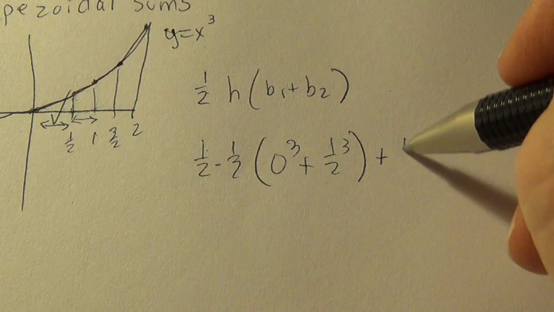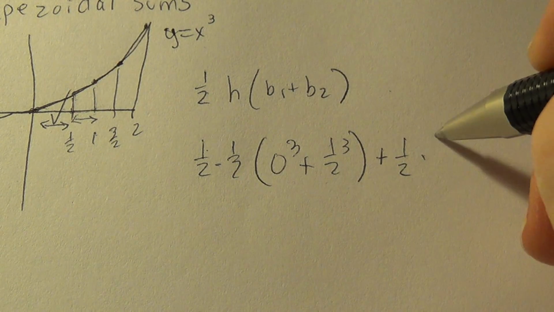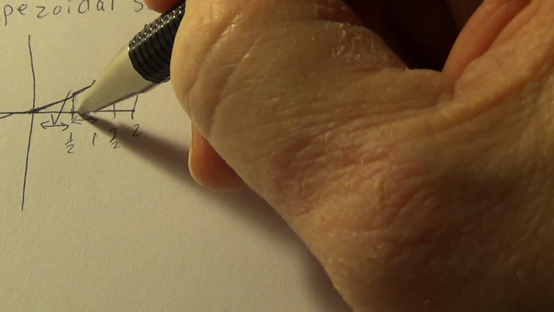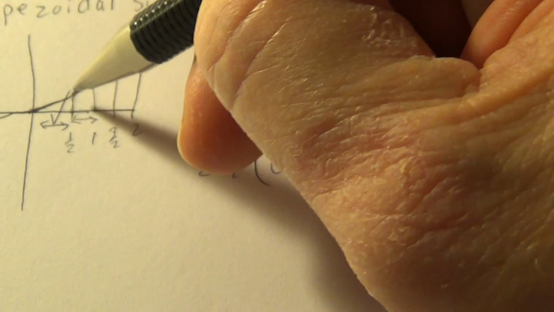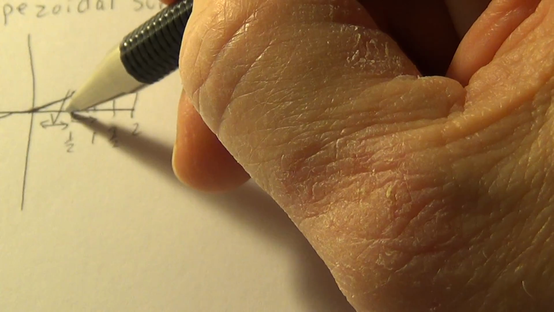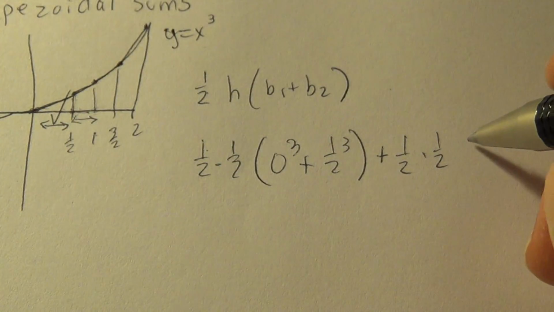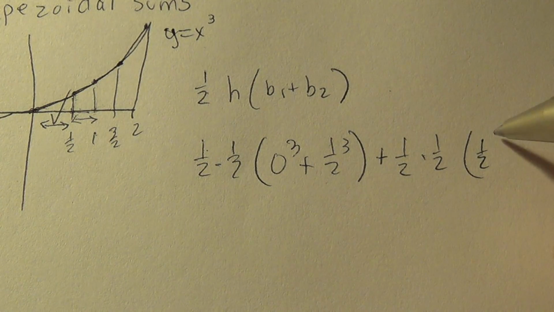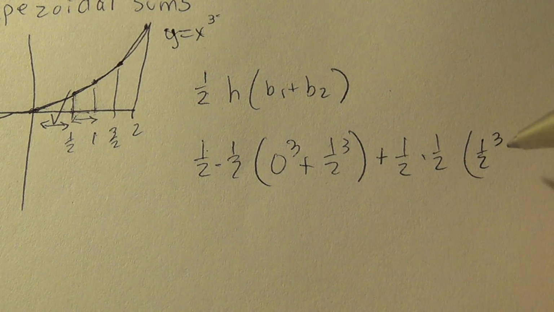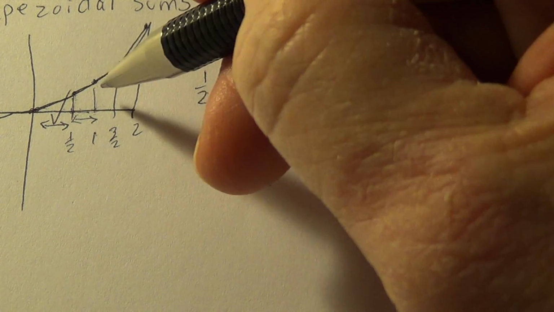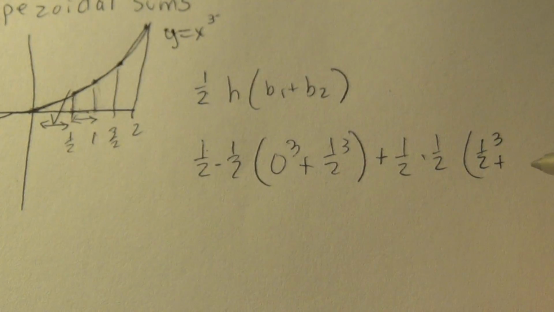So we have 1/2 from the formula, 1/2 from the height of our trapezoid, and then base 1 is when we put in 1/2 again into the formula, which is cubed. Up here we just cube everything, and plus base 2 for this one is 1 cubed.